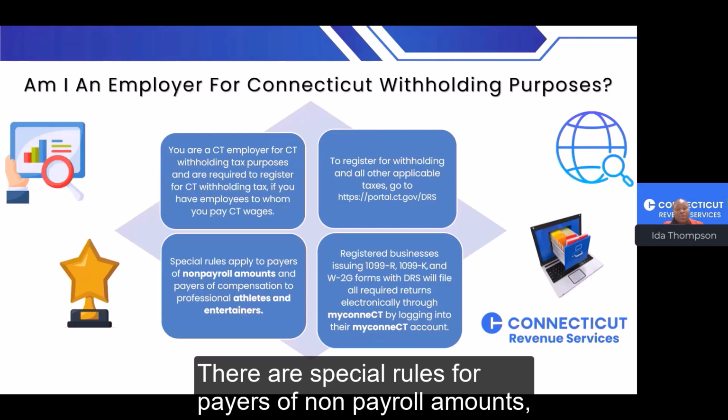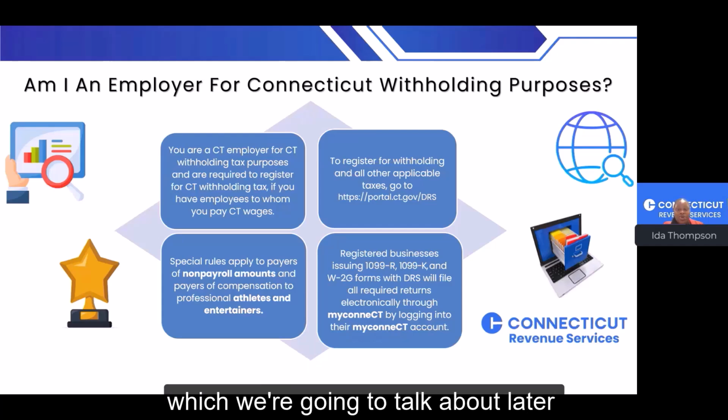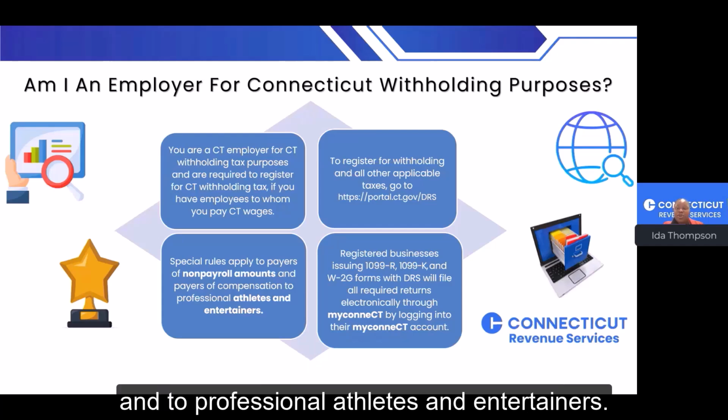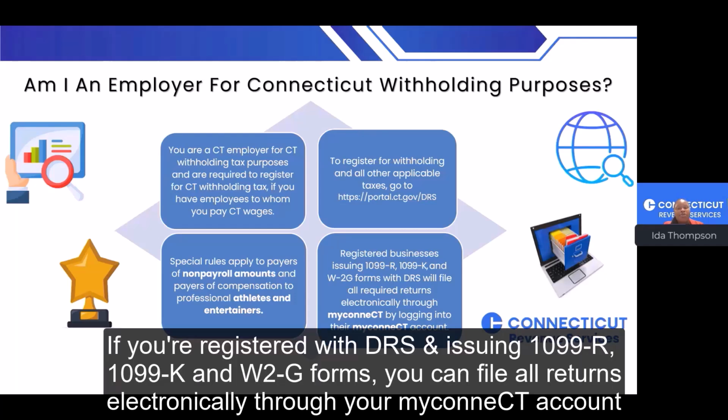There are special rules for payers of non-payroll amounts, which we're going to talk about later, and for professional athletes and entertainers. Now, if you're registered with DRS and issuing 1099-R, K, and W-2G forms, you can file all returns electronically through your MyConnect account.